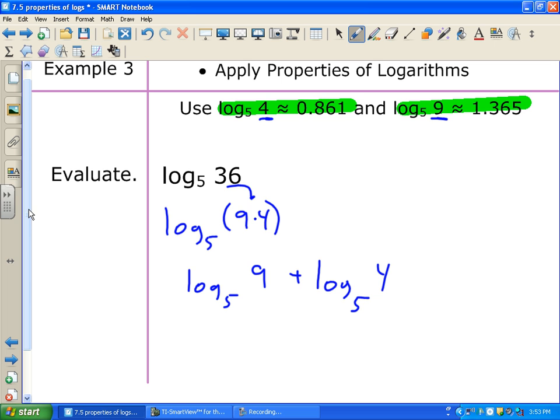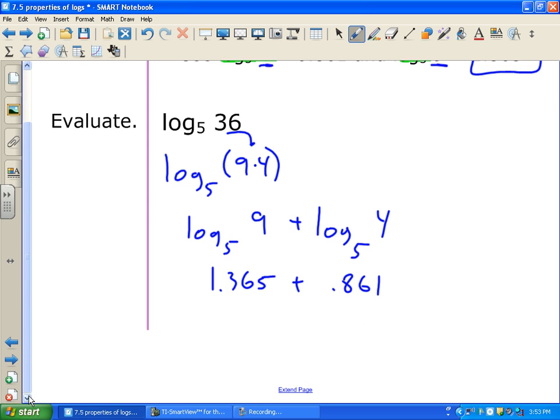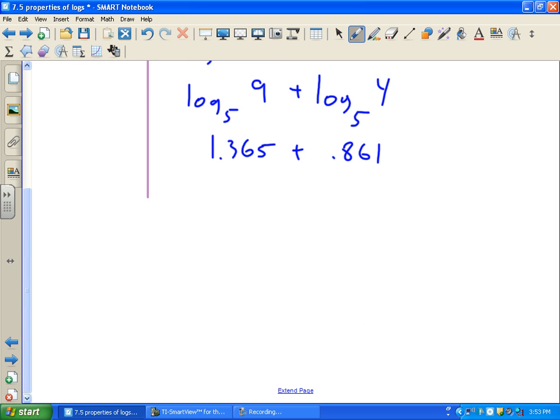And, oh me, oh my, I'm shocked to see that they gave me log base 5 of 9, which is 1.365, plus the log of 4, which is 0.861. At that point, again, non-calc means you have to add that up by yourself. Line up the decimals. And the answer is going to be 2.26.